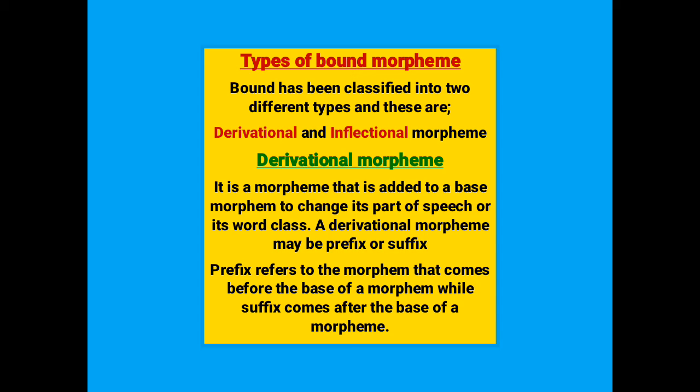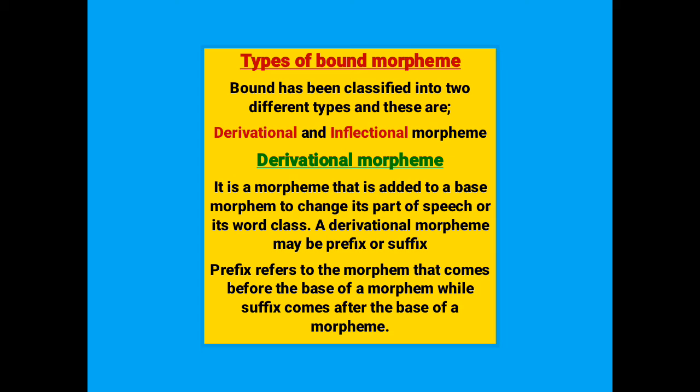Are you getting me? So it's you adding another word to a word, to make the one you added to accept the stranger. You know, I am the original copy and this is the photocopier. So when you add the photocopy to me, the photocopy will change my speech part or my word class.